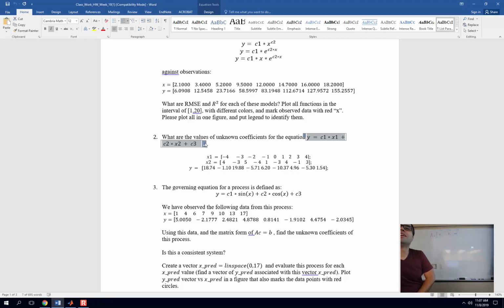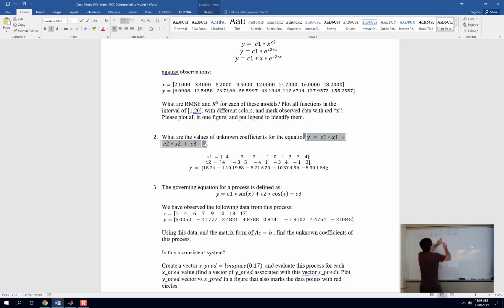If you say ones of lengths of x, we can't do lengths of x because we don't have x. We have x1 and x2. So you have to do lengths of x1 or lengths of x2. It doesn't matter because x1 and x2 are the same size.